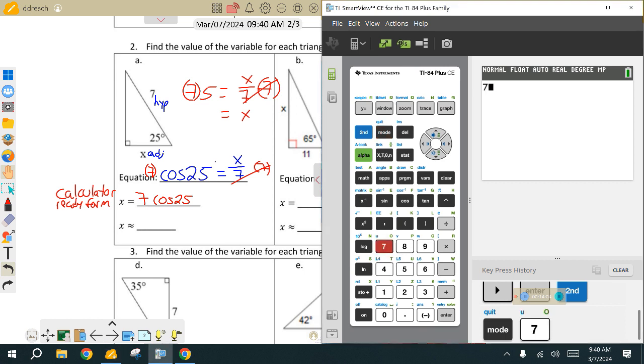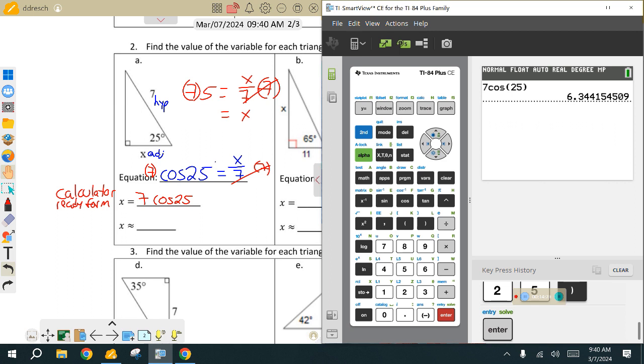So we're going to type in 7 cosine, and I don't need to put the times sign because 7 cosine means 7 times. When you hit cosine, your calculator opens up a parenthesis, right? Type 25, close the parenthesis, hit enter, and let's see if we all get the same decimal. If you did not get that decimal, you are not in degree mode.